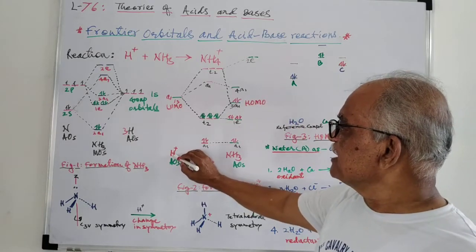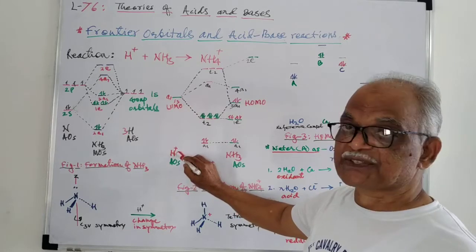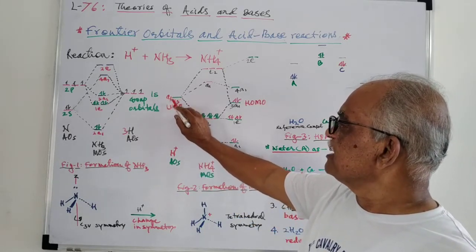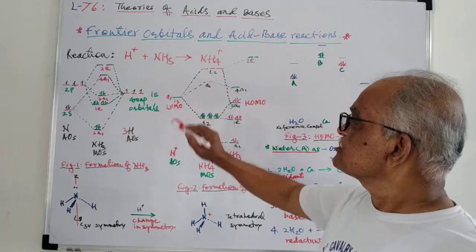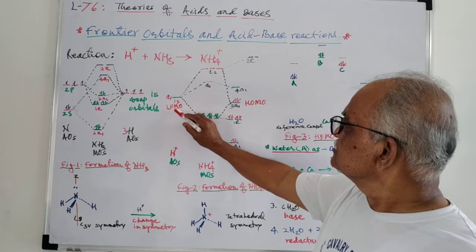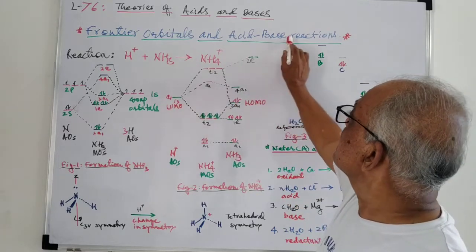In the case of H+, there is this 1s orbital of H+, which is having higher energy and there is no electron. So this is called a LUMO. In such a case, their interaction takes place during the acid-base reaction.